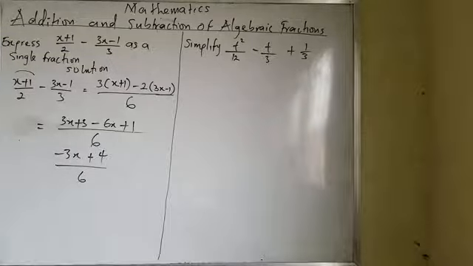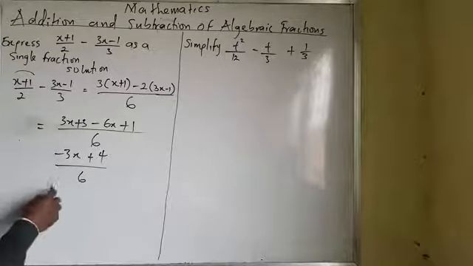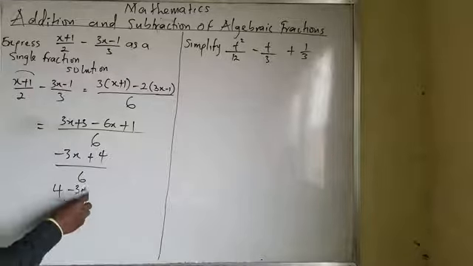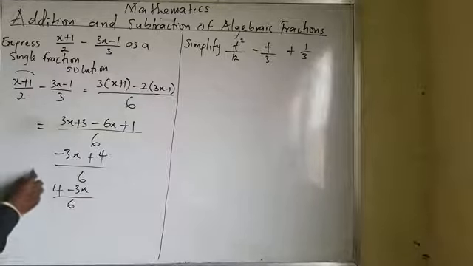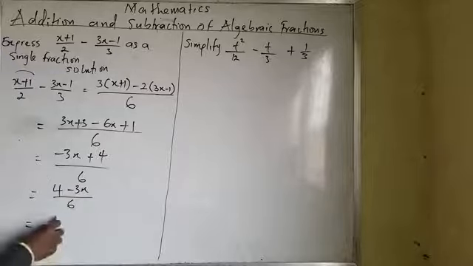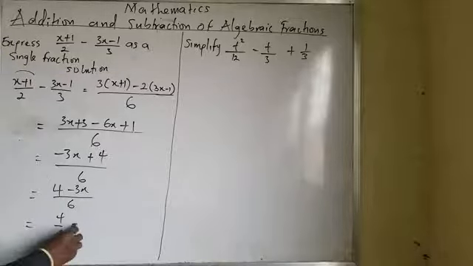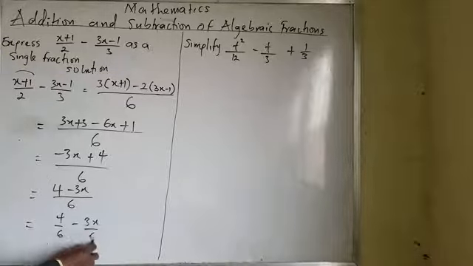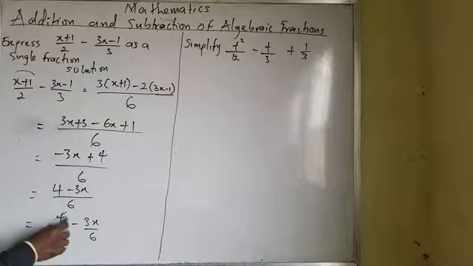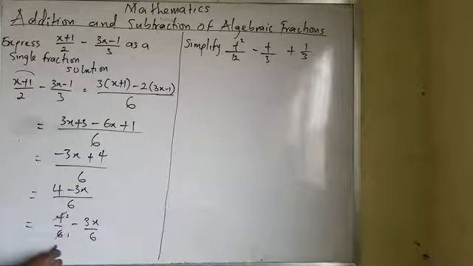Now, I can write this as 3x divided by 6, so I can say 4 all over 6 minus 3x all over 6, which here 2, here 2, here 3. Now 2 all over 3 minus x all over 2.